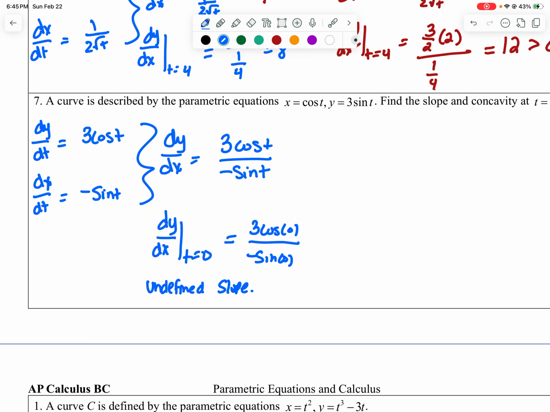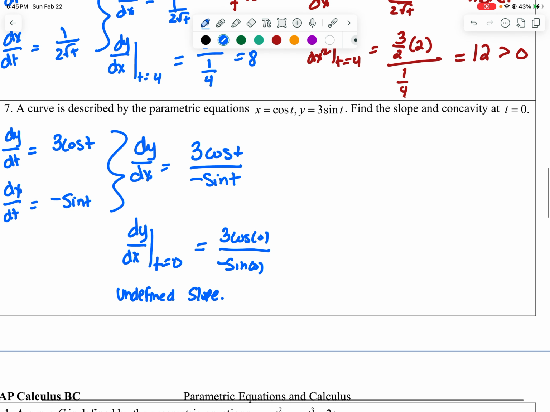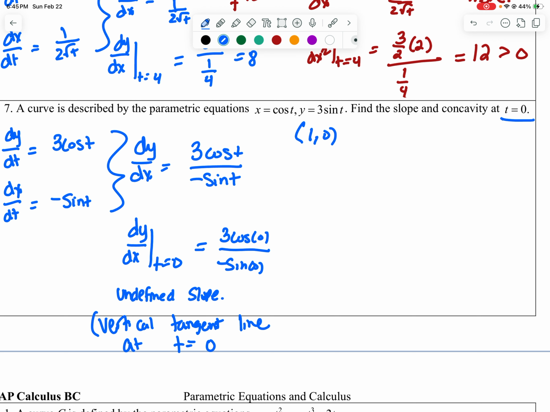Now, what does that mean? Well, whenever we plug a 0 into this, that's going to give me the point 1, 0. So this means that at the point 1, 0, we have a vertical tangent line at t equals 0.